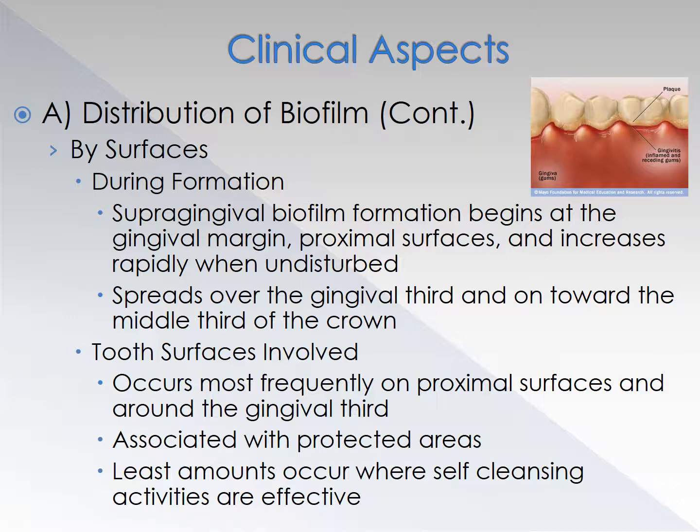The tooth surfaces involved occur most frequently on proximal surfaces around the gingival third, and it's associated with protected areas. So they have to actually get in there and floss because those areas are protected. The least amount occurs where self-cleansing activities are effective. So think of toothbrushing. Where is it easiest to reach with your toothbrush? Those are going to be the areas that have the least amount.